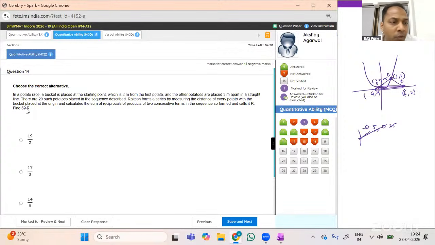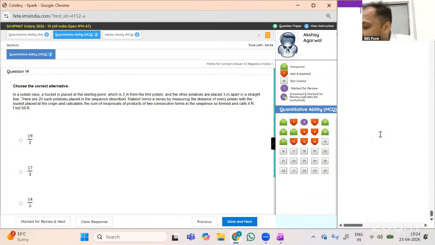The distance of every potato with the bucket placed at the origin, and calculates the sum of reciprocals of products of two consecutive terms in the sequence and calls it R. Find 59R. I think this is a common sequence that I found. 1 by 2 into 5 plus 1 by 5 into 8 plus 1 by 8 into 11 and so on.